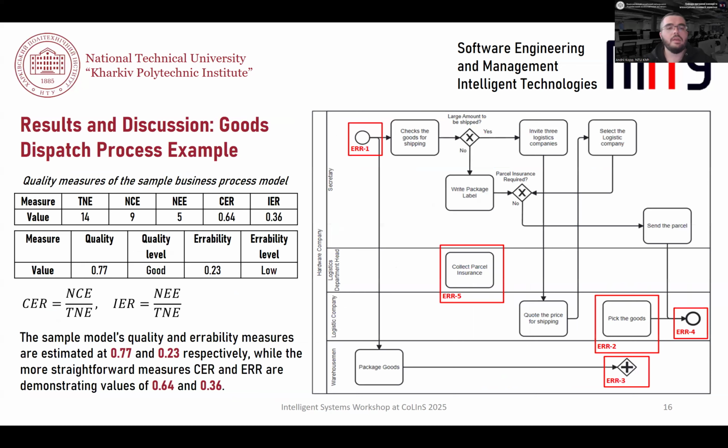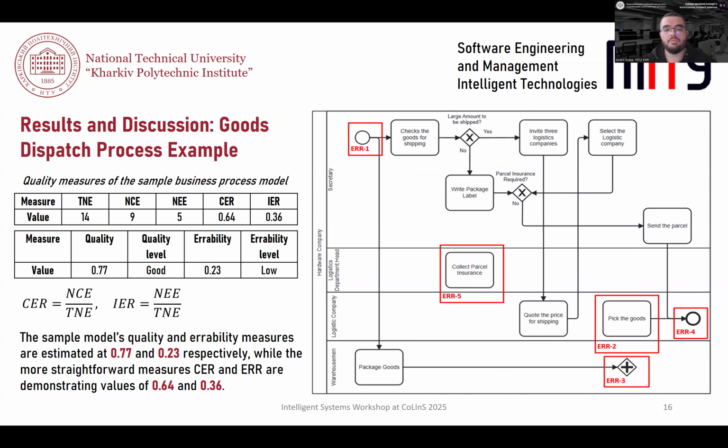And finally, let's consider the goods dispatch process example. We have calculated quality measures of this sample business process model demonstrated on the slide, with the detected errors showing that, for example, here the start event has 2 outgoing flows. We have an activity named collect parcel insurance without any incoming or outgoing flows.